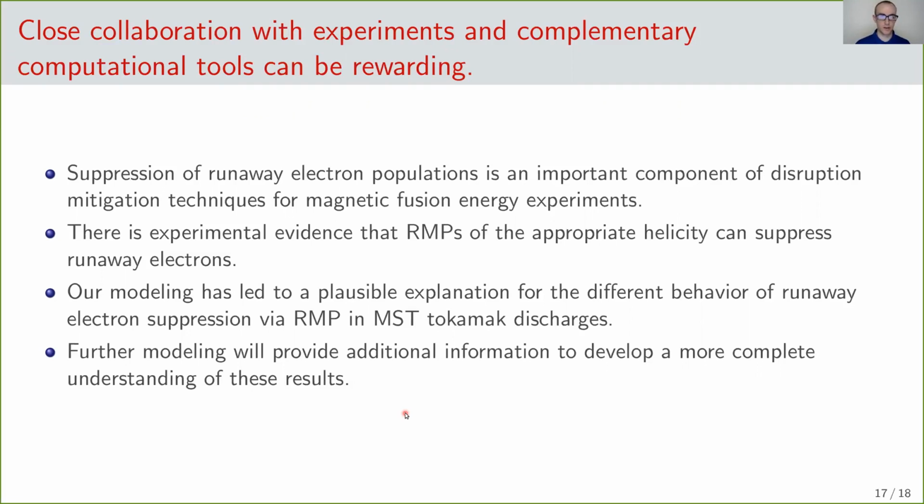Our modeling has helped explain why different helicities would or would not suppress runaway electrons in these particular MST discharges. And we want to do further modeling to get more information that will give us a more complete understanding of these results.